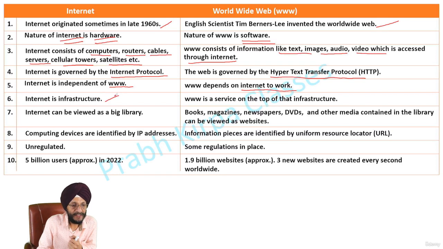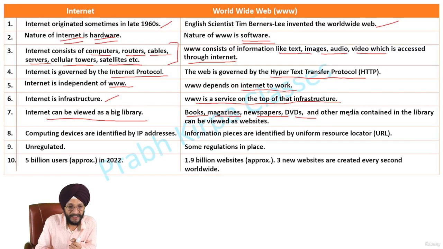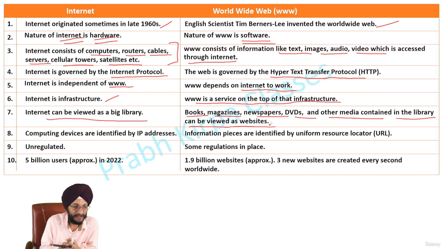The internet is infrastructure. All these are infrastructure. www is a service on top of that infrastructure. The internet can be viewed as a big library. Books, magazines, newspapers, DVDs, and other media contained in the library can be viewed as websites.